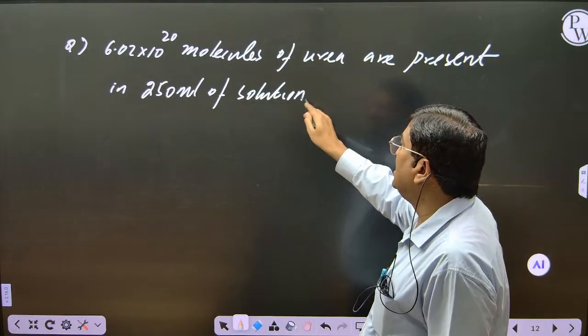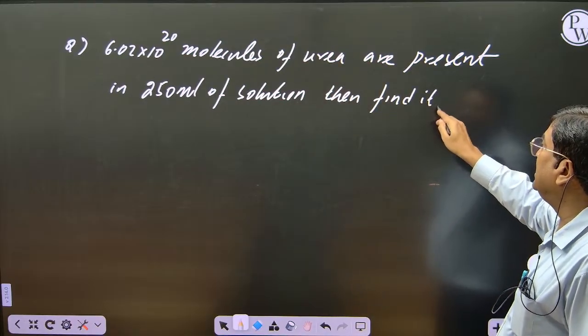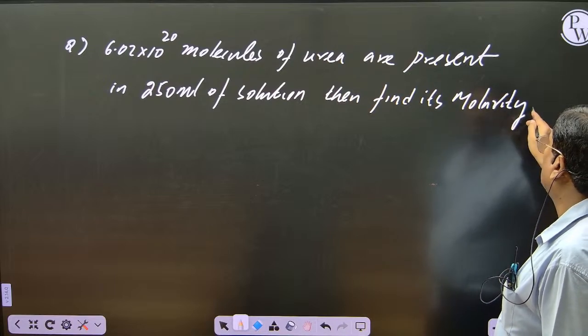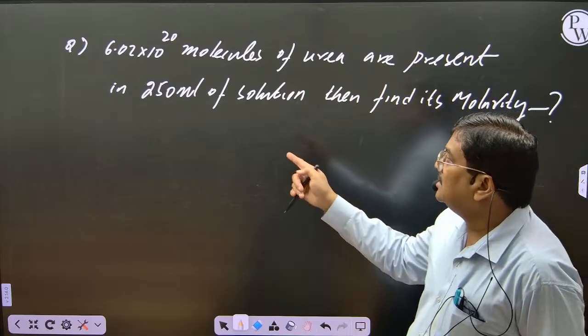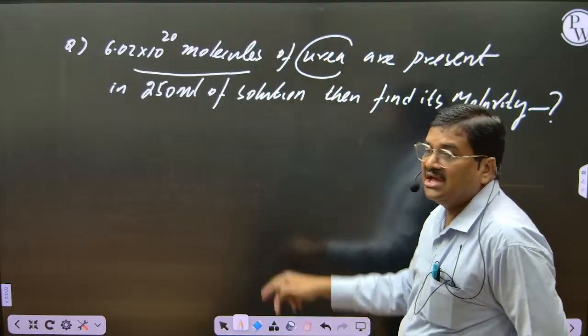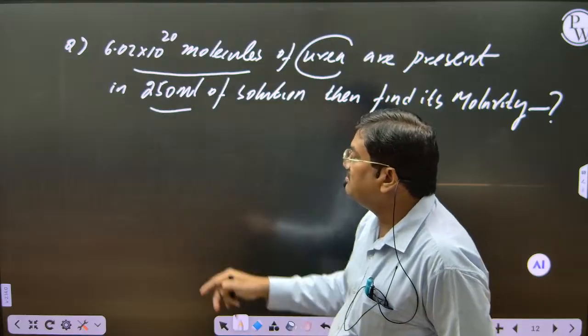Then find its molarity, capital M. Question understood? These many molecules of urea are present in 250 milliliter. For this, what will be the molarity?